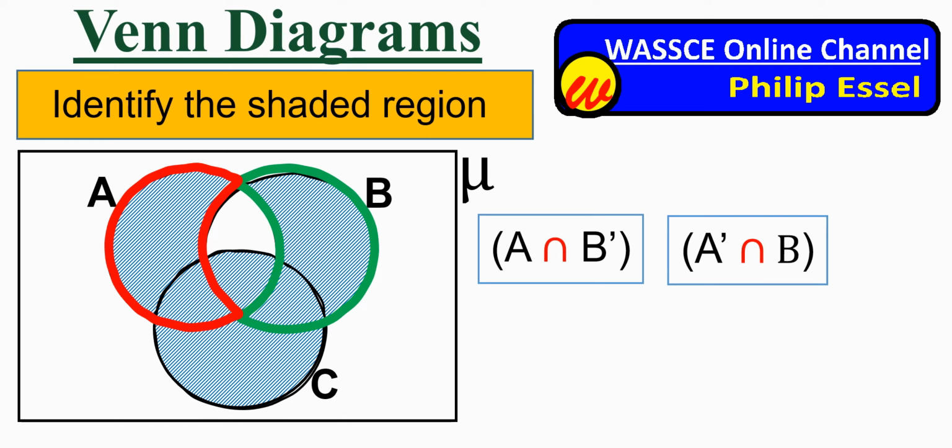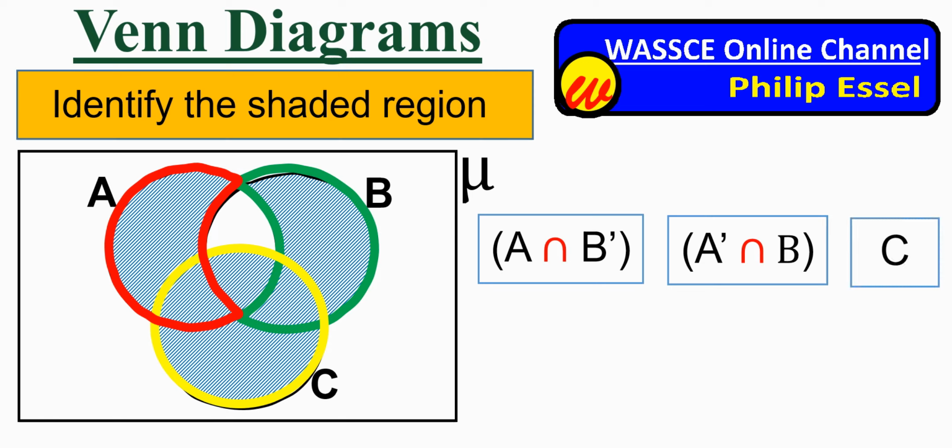Let's look at the final part of the shaded region. This is the final part of the shaded region. I believe you remember its notation. Well, its notation is C or set C. As you can see, the three regions have been merged together to form one unit.